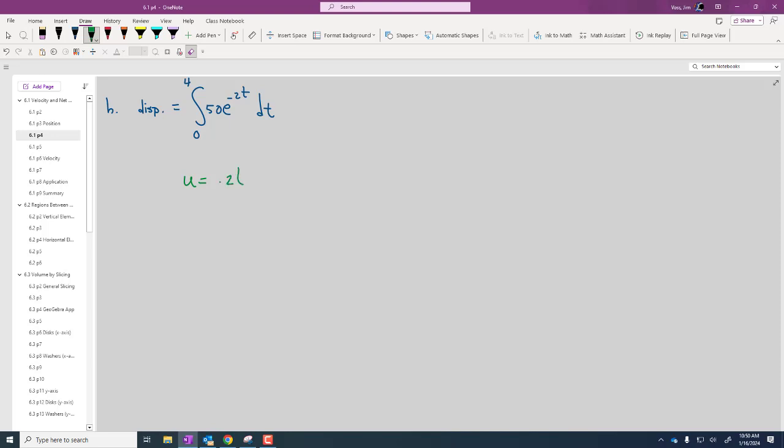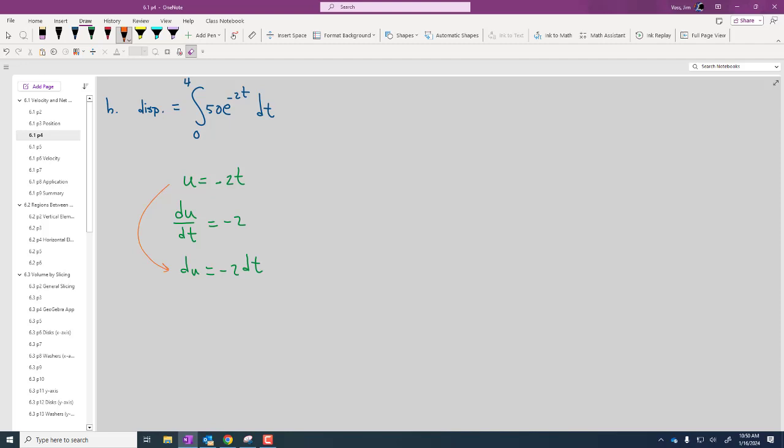So if we let u equal negative 2t, then we take, so you can think of this in a couple of ways. If we take the derivative of u with respect to t, we get that. If you multiply both sides by dt, you have that du is negative 2 dt. Now, hopefully, most of you are probably to the point where you just go straight to that. But the idea is that first you're differentiating, and then you're breaking apart that derivative into two differentials.